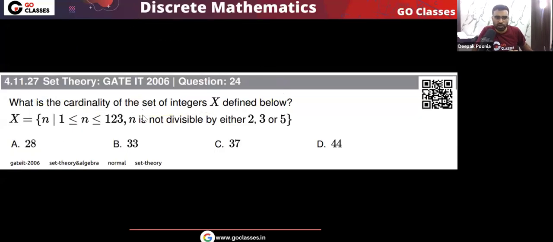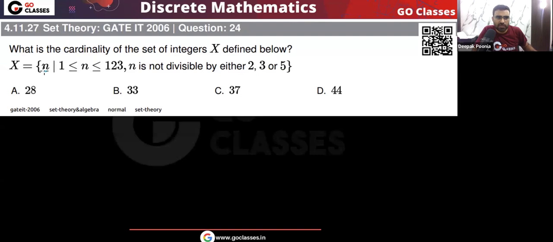What is the cardinality of the set of integers X defined below? This set X is given to you, and we need to find its size, the cardinality of X. So first of all, let's see what this X is.